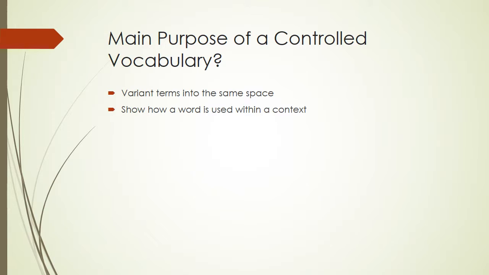We're going to use the example of pitch as an example of number 2, show how a word is used within context. And we're going to look again at these variant terms into the same space with our genetically modified foods example from Module 6.